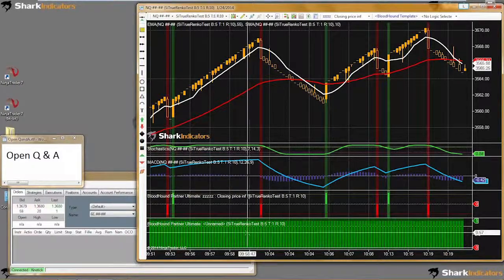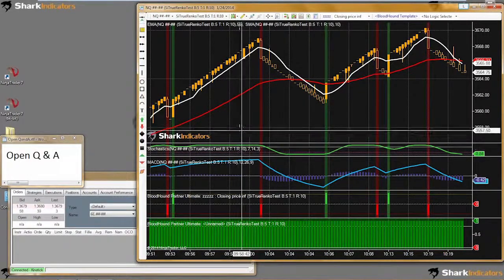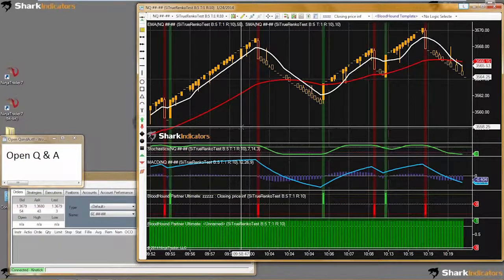You don't see all the indicators that are loading up inside of BloodHound. So visually, you may not realize that you're asking NinjaTrader to calculate a whole lot of indicators. And so that's why BloodHound can seem like a resource hog. But realistically, what BloodHound is doing is very simple calculations.